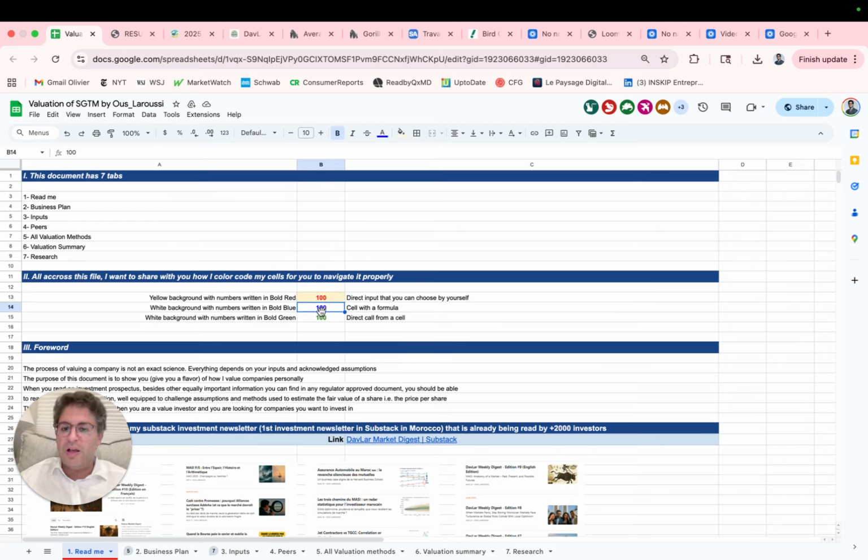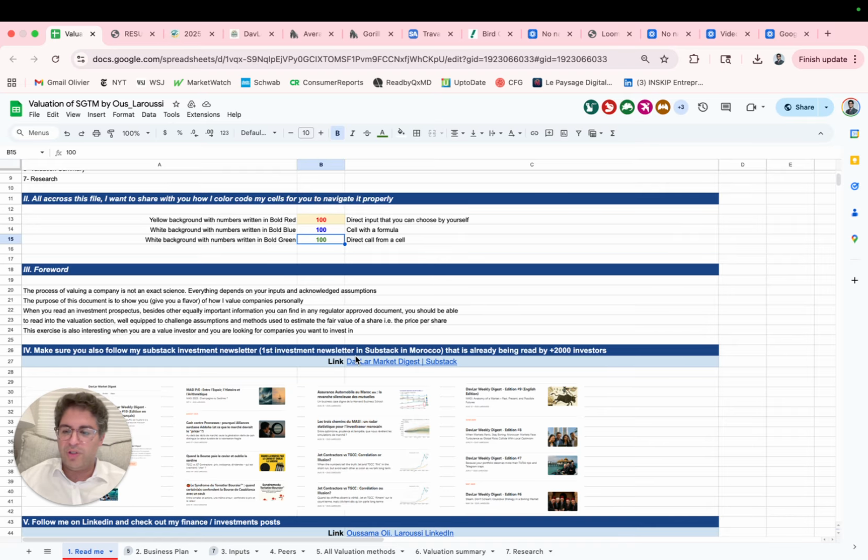The white background with a blue number written in bold means this is a formula. And a cell that has a green number in bold means that cell is a direct link from another cell, i.e. it is bringing back the value that is already pre-calculated in another cell.